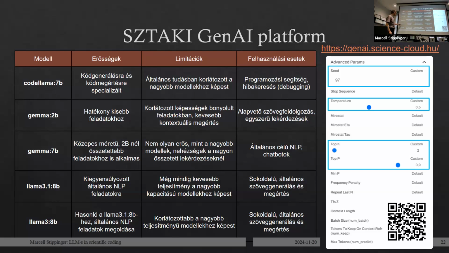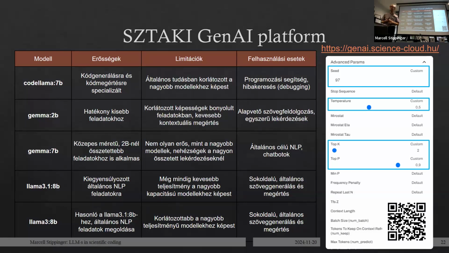There are a lot of those models, and now there are bigger ones. So instead of this 8B, which means 8 billion parameters, so 8 times 10 to the power 9, there are models with 30 billion parameters or more, and also models specialized in coding or in natural language processing.